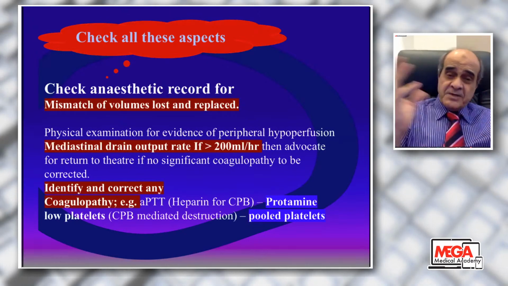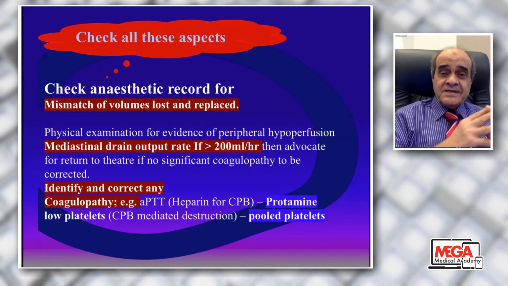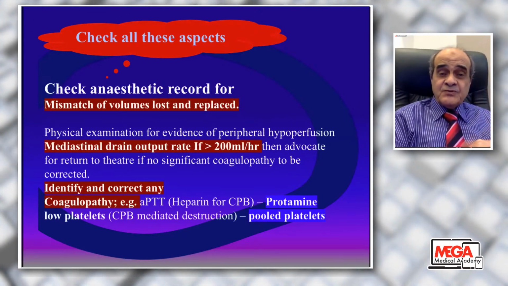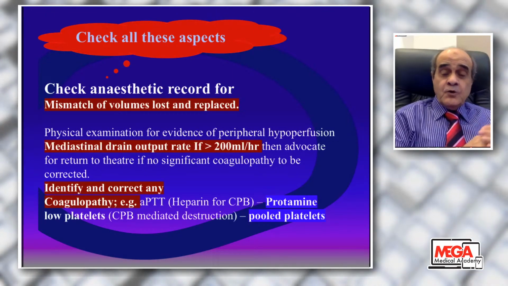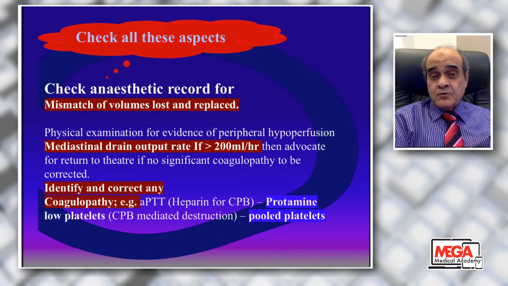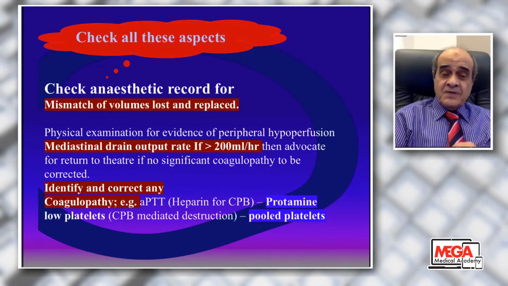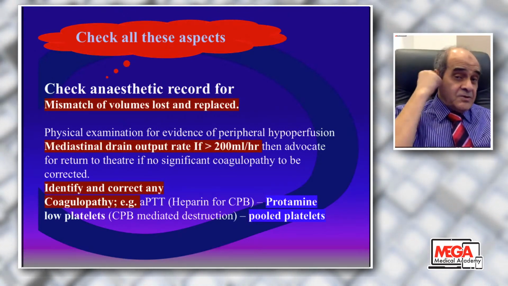Any patient coming to you in the ICU from the theater, you have to review the anesthetic sheet to see if the fluid taken in the theater was adequate or whether you need more fluids. You have to look for the drugs taken in the theater, maybe a hangover or residual effect of some anesthetic drugs which cause vasodilatation and hypotension.